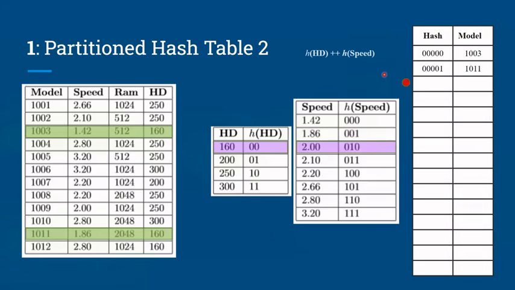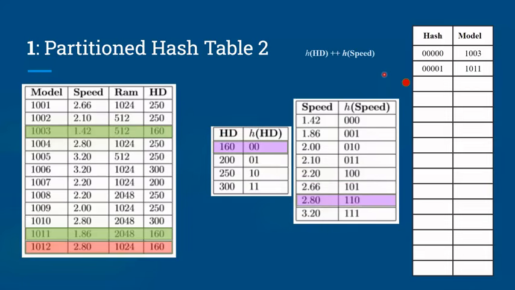Let's go on to the problem further. So here we've got 2. Do we have an entry with HD 160 and speed equal to 2? Actually, we don't. So we go further. 2.1, do we have an entry with speed 2.1 while the HD is 160? We still don't. So we go further. 2.2, do we? No, we go further, 2.66. Do we have an entry with 2.66?